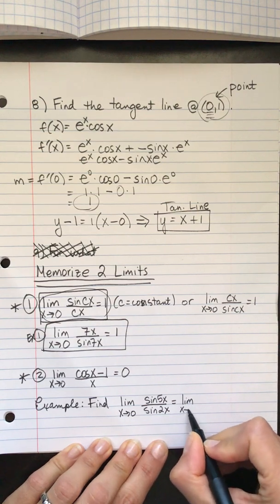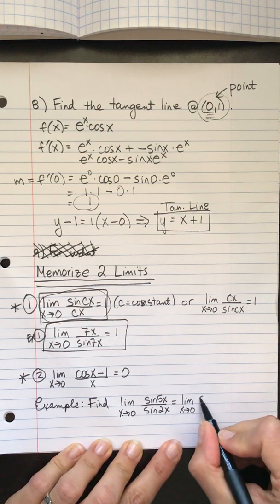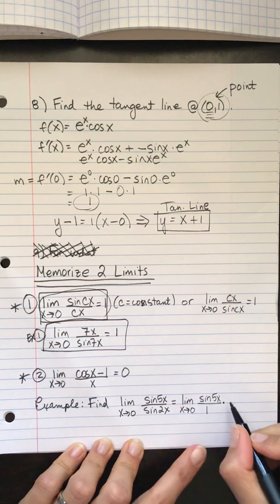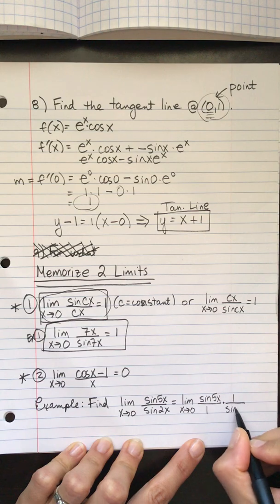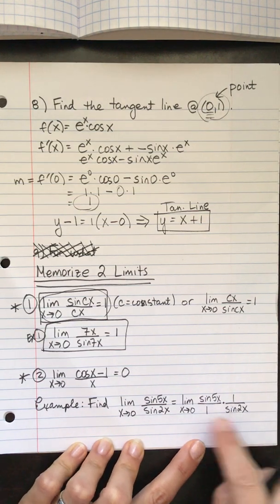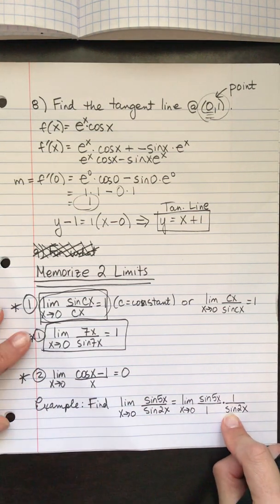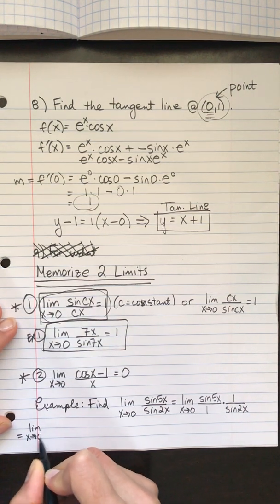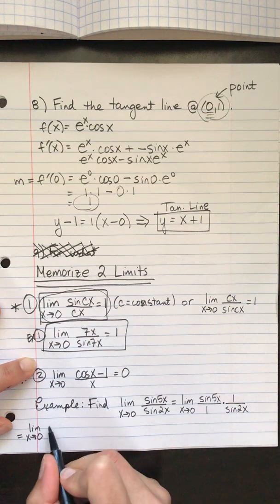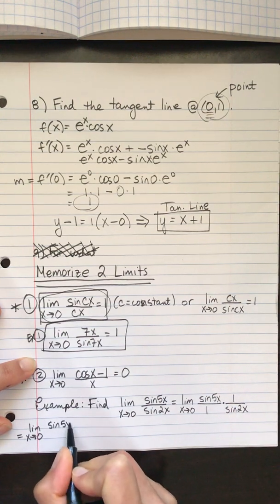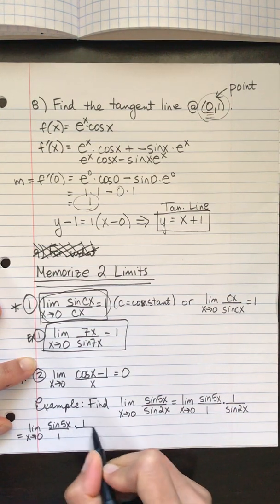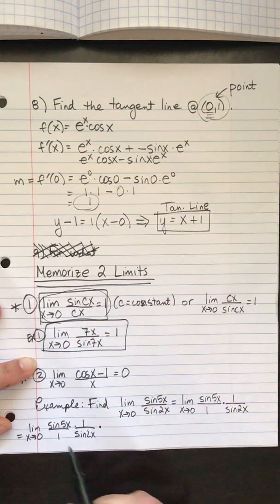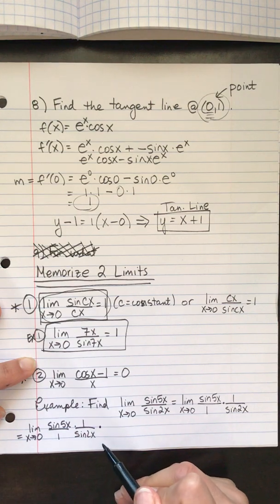I'm going to manipulate the fraction. So first of all, I'm going to split the fraction into this. You can, because this is a property of multiplication. The next step is, watch this. I'm going to very strategically multiply the top and the bottom by a version of 1.